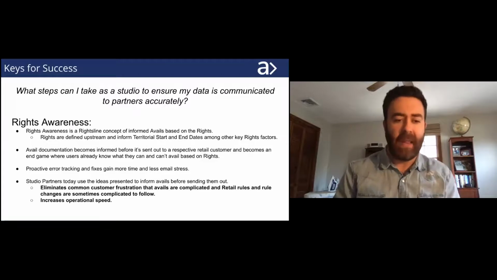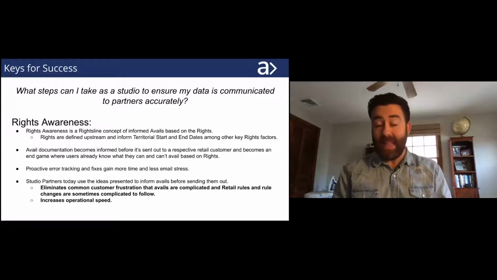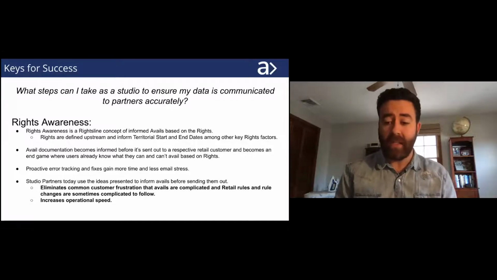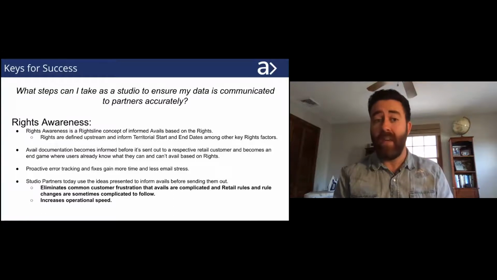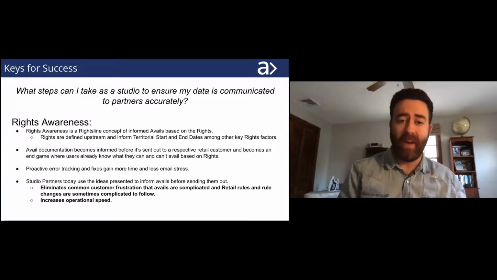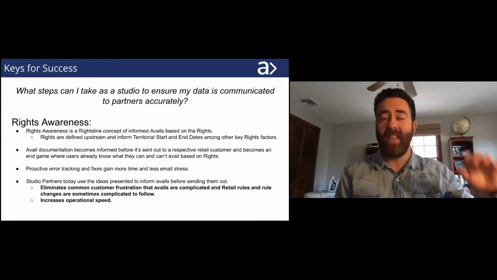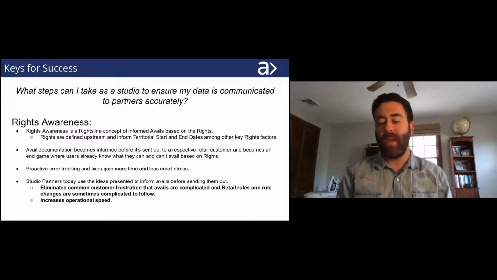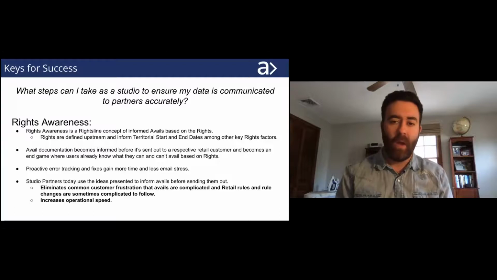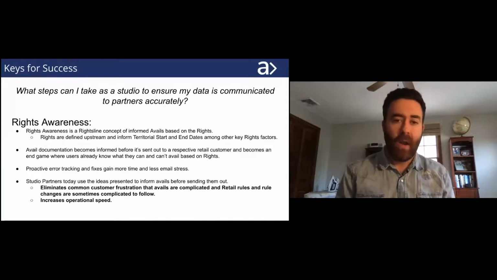"Well, we submit it and then we get feedback, and then I still am really confused." At the end of the day, the issue was a simple pricing error on the avail. But if you have that proactive error tracking, you're going to gain that time back. You're going to gain back the chase, and also you're going to reduce email stress, which I know we all suffer from in one way, shape, or another.